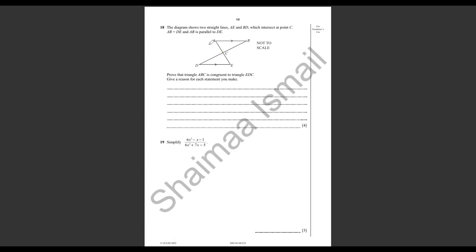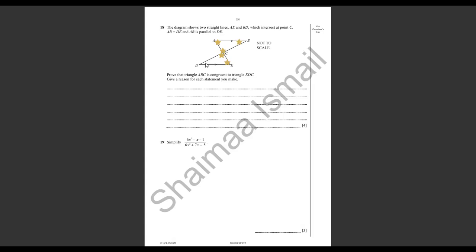So we can prove it by this angle E equal to this angle by Z, alternate. And this angle also is equal to this angle because opposite angles are equal.